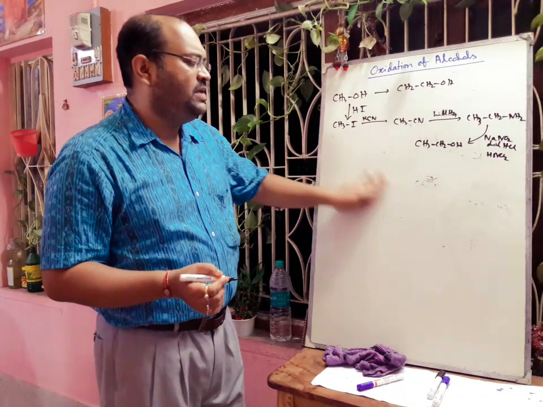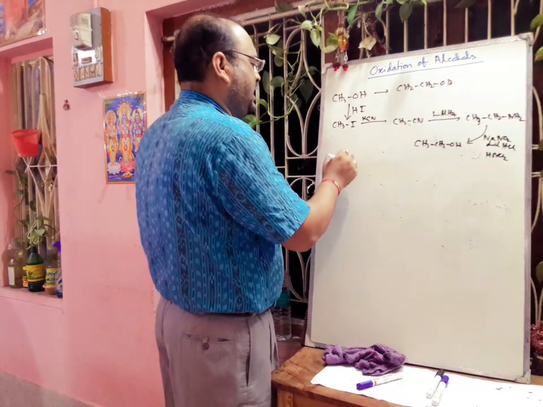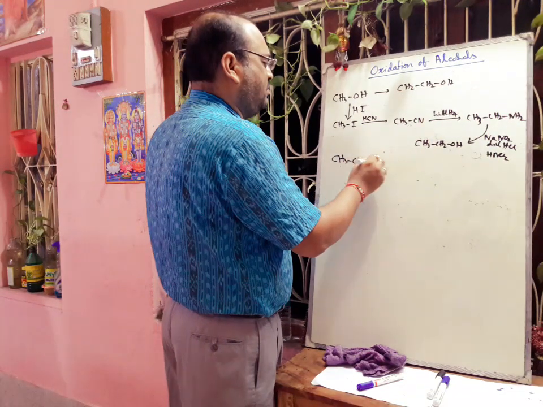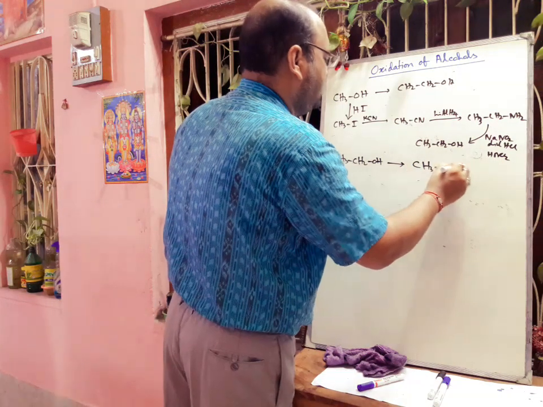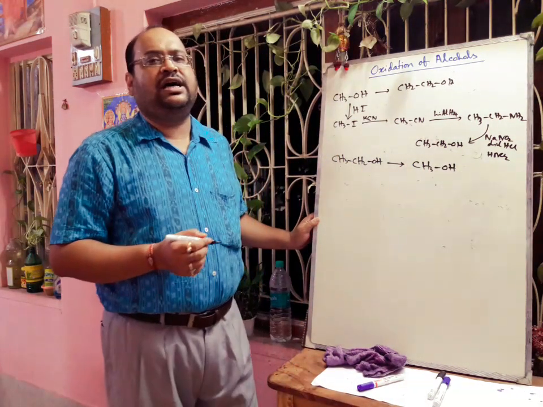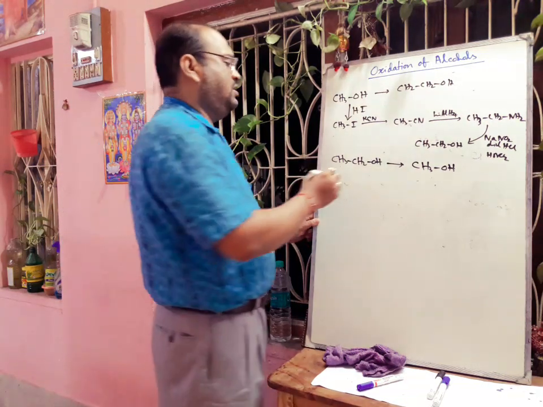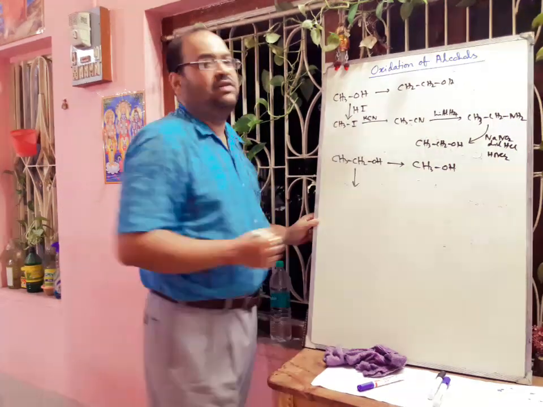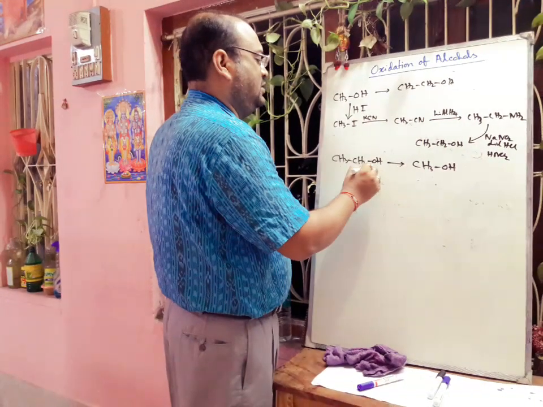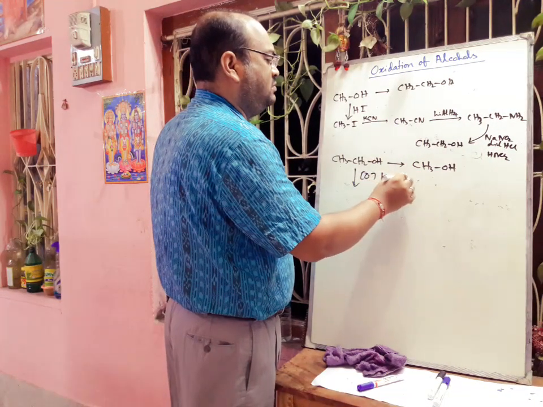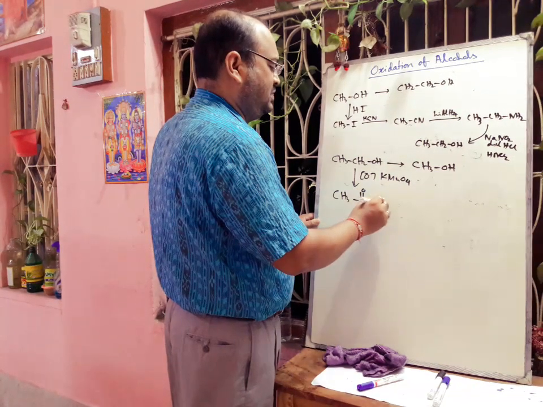Now how to do the step down reaction? That means from ethyl alcohol to methyl alcohol or methanol. So here we have to decrease one carbon atom. First we have to oxidize this alcohol to the corresponding acid. We can use KMnO4. Then it will produce CH3COOH.